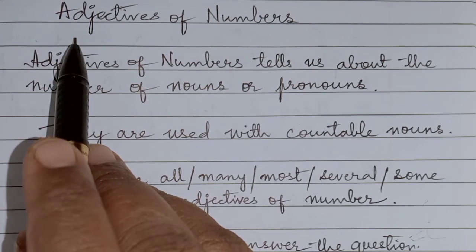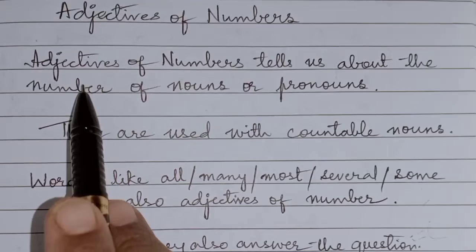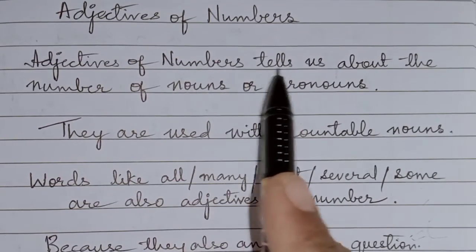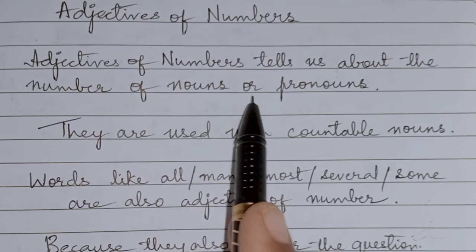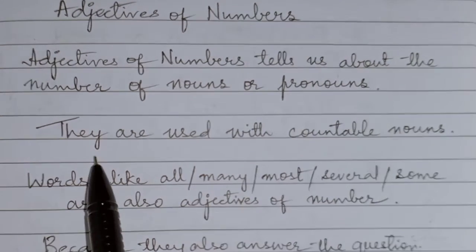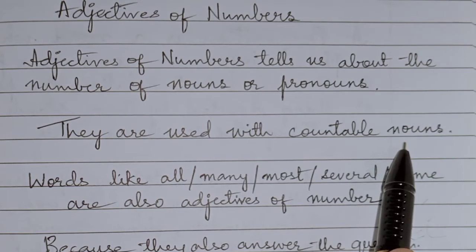Next type is adjectives of number. Adjectives of number tell us about the number of nouns or pronouns. They are used with countable nouns.